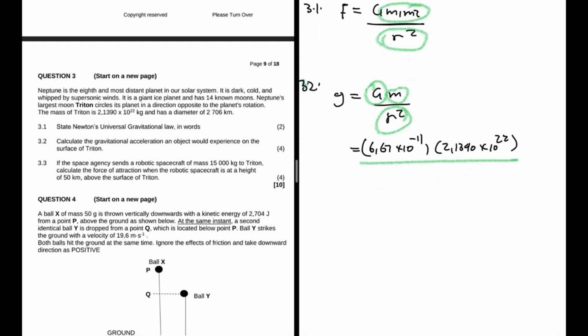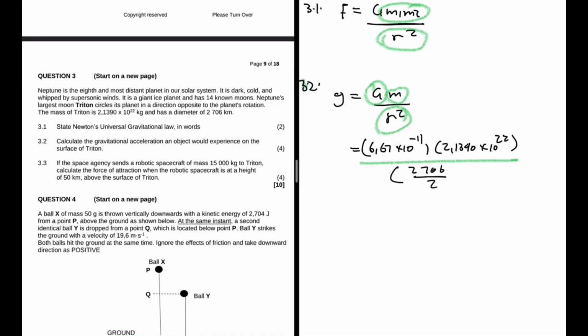We are told that the diameter of Triton is 2,706 kilometers, but the radius is only half of the diameter, right? So we're going to have 2,706 divided by 2. We want the radius and not the diameter.